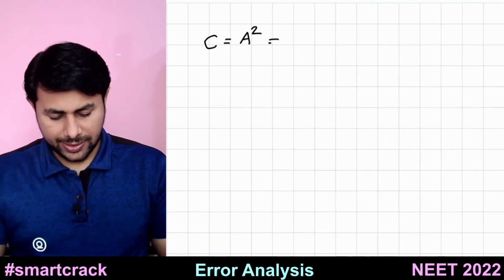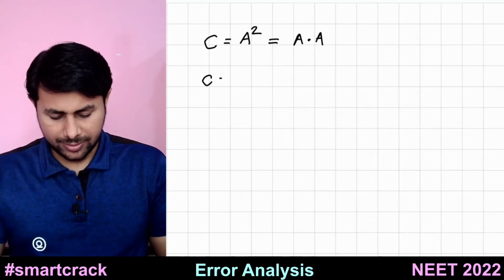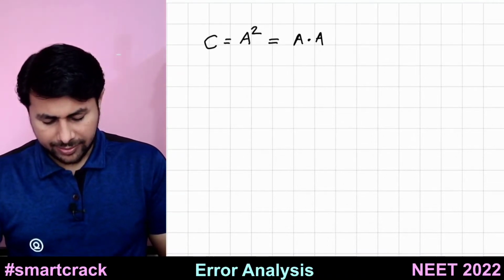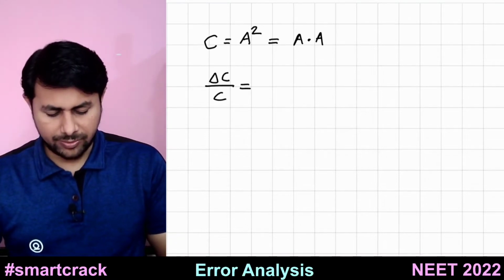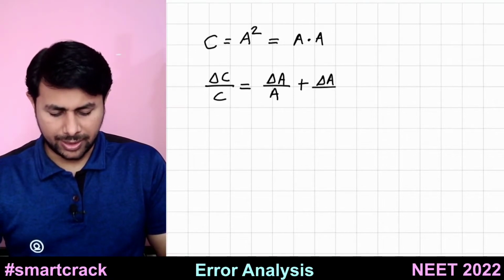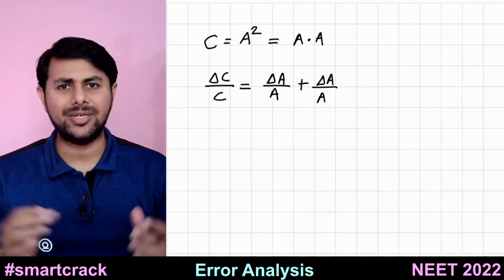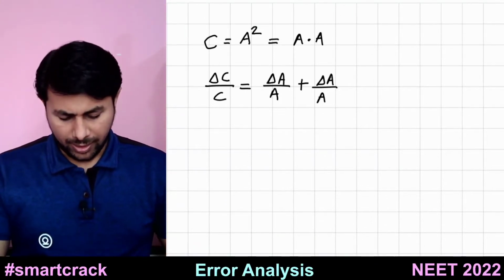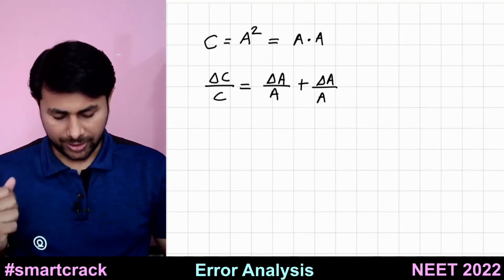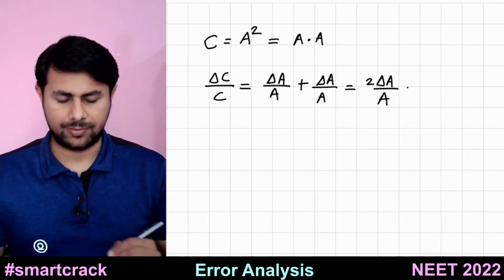This A square can be written as A times A, and from what we know till now, delta C divided by C is equal to delta A upon A plus delta A upon A, because the relative error in multiplication gets added. So it is 2 times delta A upon A.